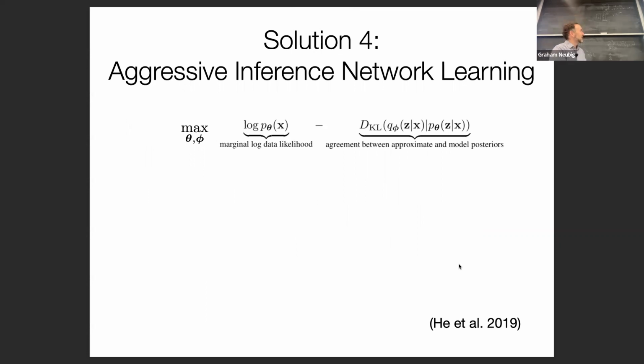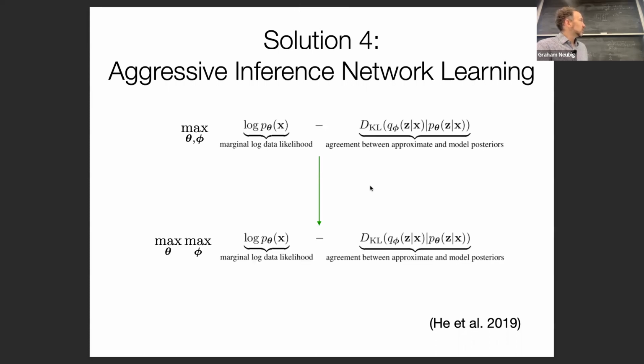And then another thing is aggressive inference network learning. It's a little bit similar to the idea of weakening the KL term at first. But basically what you do is you take more steps on learning the inference network first before updating the decoder.